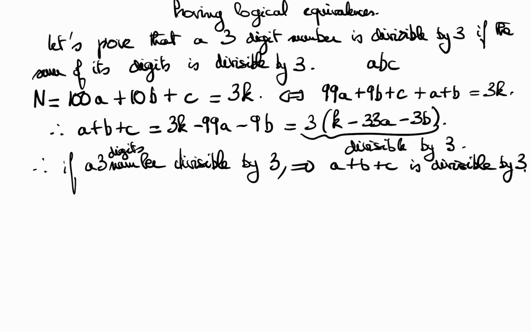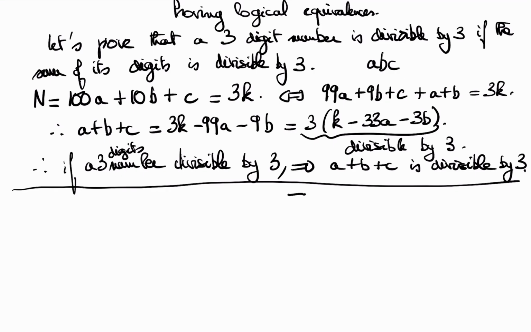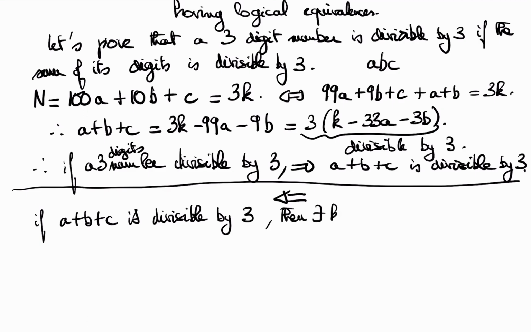Right. Okay, very good. Now we need to prove the other way, which means that this way. Right, so if a plus b plus c is divisible by 3, then there exists k belonging to z such that a plus b plus c is equal to 3k.